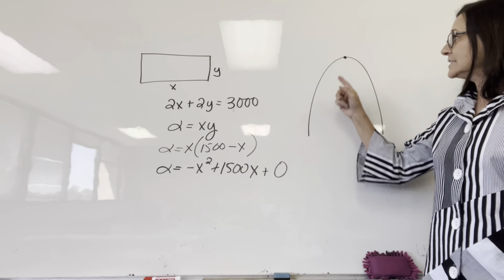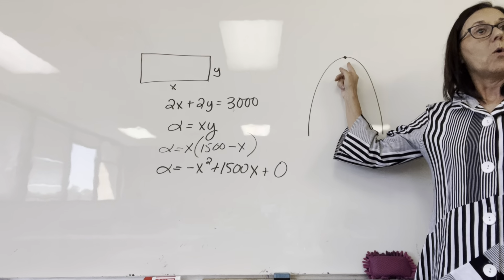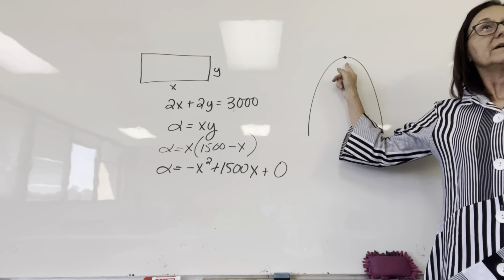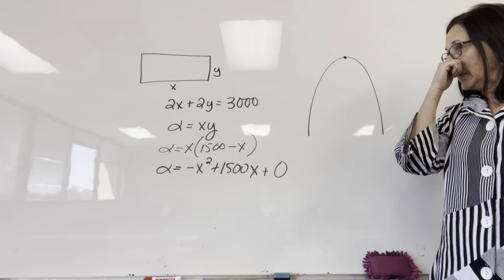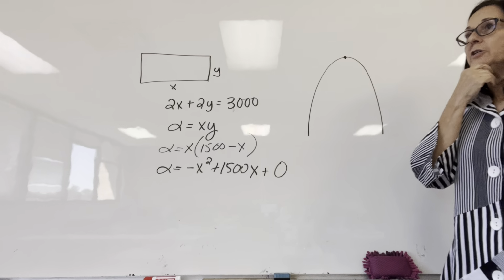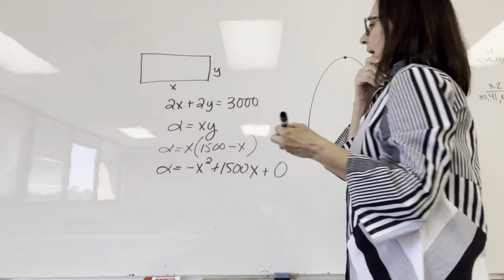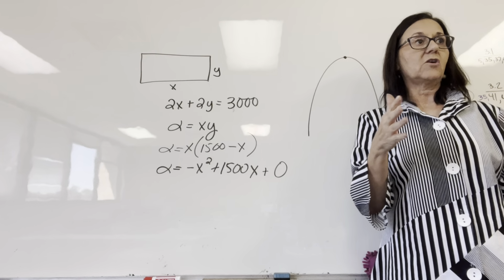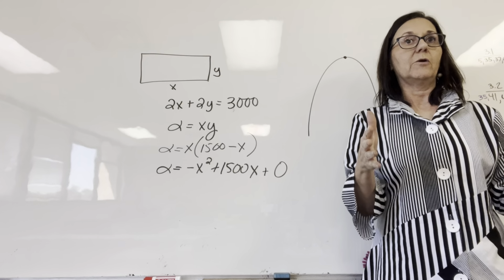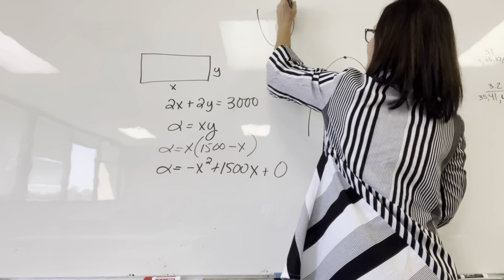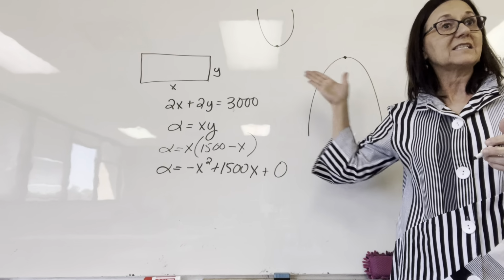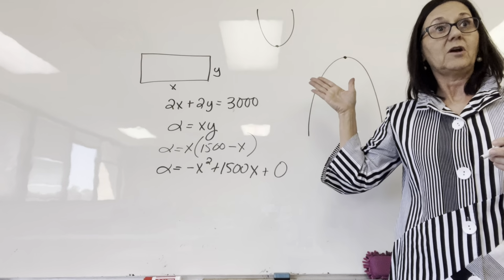Okay, so the maximum is always going to be at the vertex. What if I had an equation that had to do with cost and I wanted the smallest cost? When is my cost the lowest? It's going to be the minimum. That's right. So this max and min at the vertex is a very practical concept.